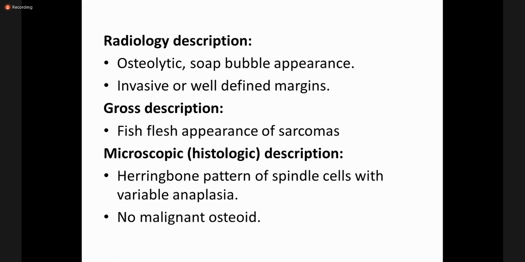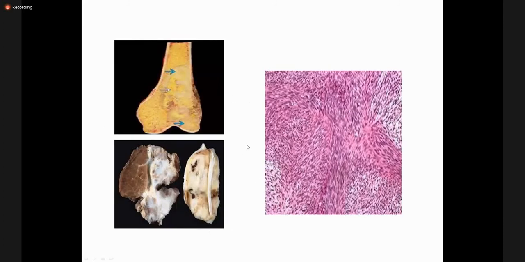On microscopy, the striking pattern for fibrosarcoma is the herringbone pattern of spindle cells with variable anaplasia. There is no malignant osteoid. If we see malignant osteoid in this tumor, then we code it as osteosarcoma. This is the herringbone pattern, which we already read about in the previous slide. Here you see the fish flesh-like appearance, a little whitish and shiny lesion with irregular margins.